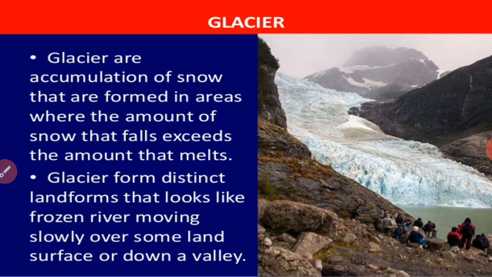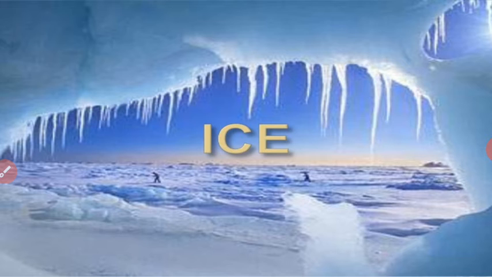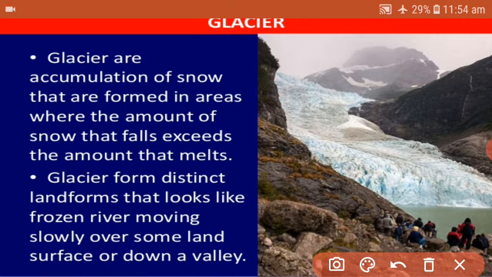So in a glacier what exactly happens? Accumulation of snow is formed in areas where the amount of snow that falls exceeds the amount that melts. The amount of snowfall is more than the amount of melting of snow.